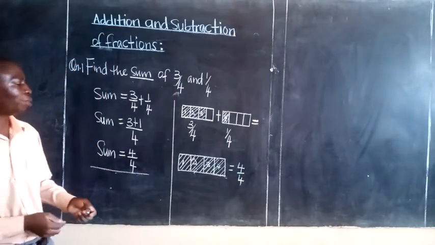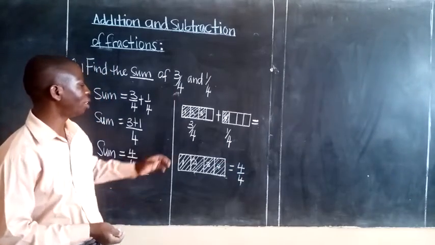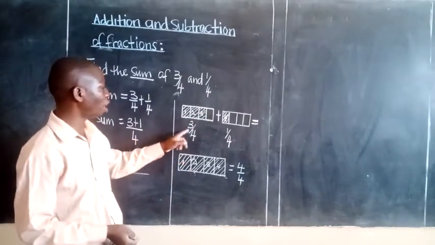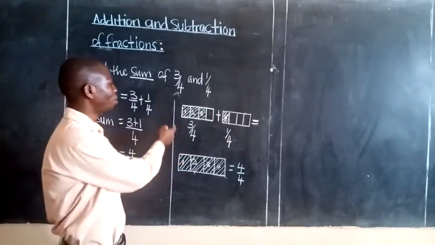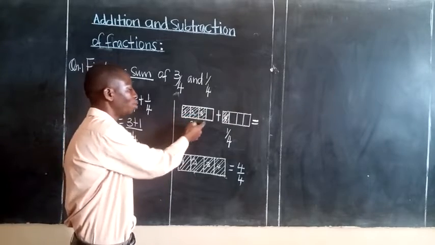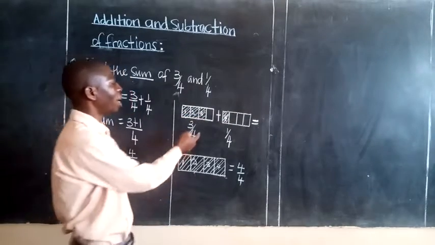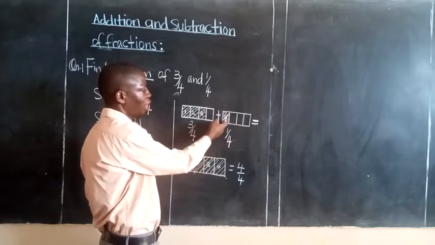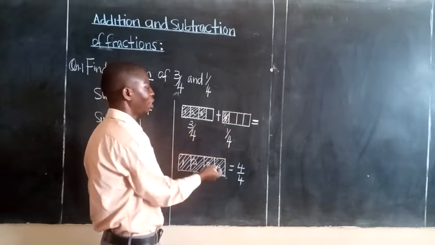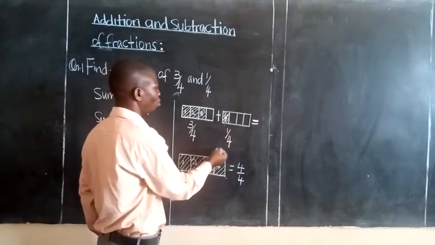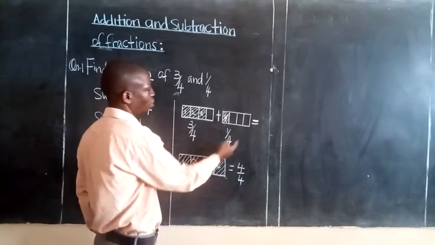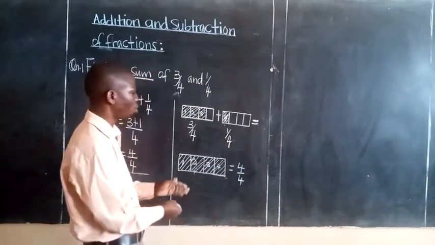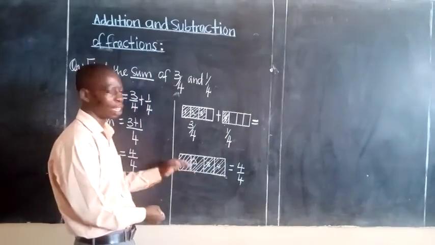If we are to use diagrams, this is what we shall do. In the first place, we shall have 3 out of 4. We shade 3 parts out of the 4 parts. And then we are adding one part, 1 out of the 4 parts, just one part. And our answer is meant to be here, but now there is no space, so we have transferred our answer here.